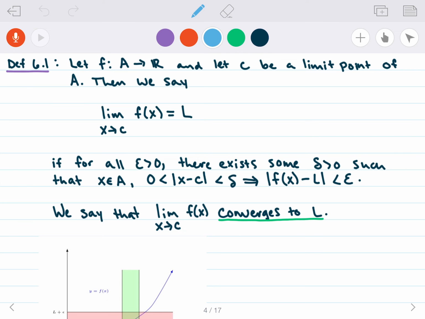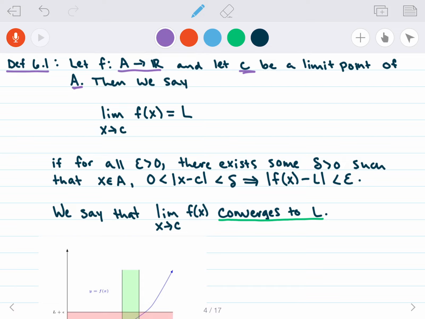Okay, so let's go ahead and formally define this. If we have a function from a set A to R, and we're going to let c be a limit point of A. Now c, as I mentioned before, we don't care that the function is defined at c. We don't care about that at all with limits.